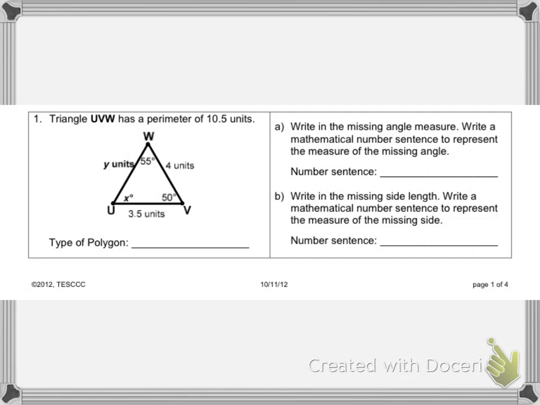Looking at number 1, it says triangle UVW has a perimeter of 10.5 units. Perimeter means what? All around.